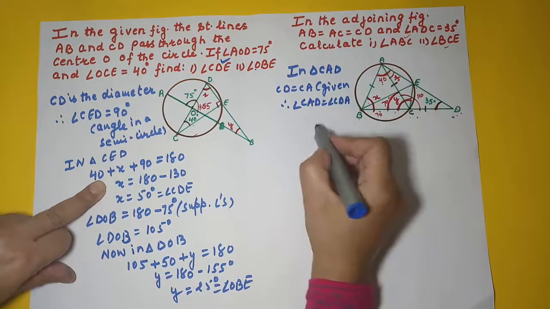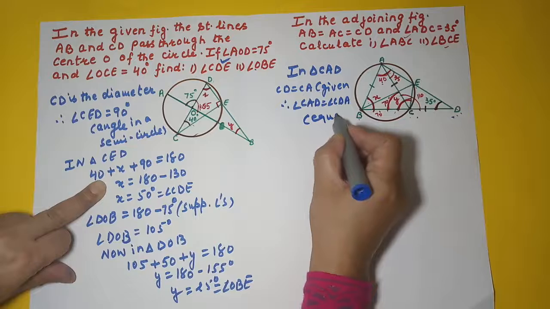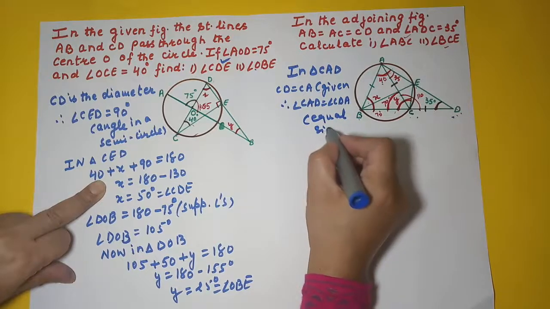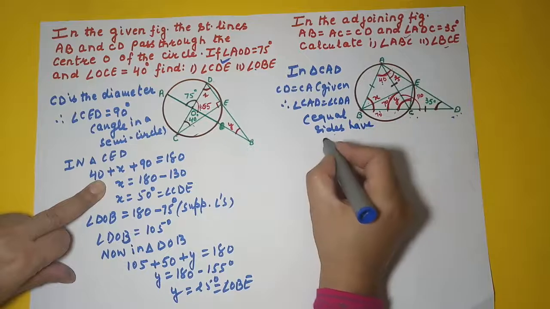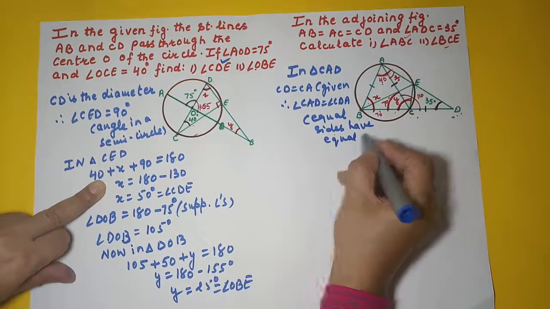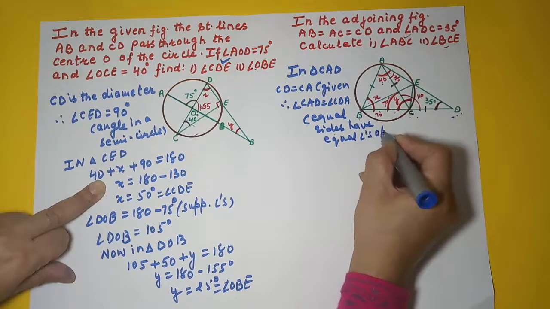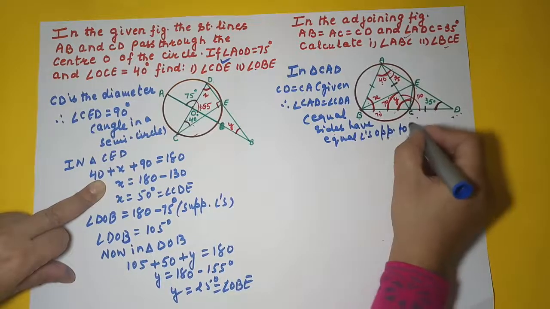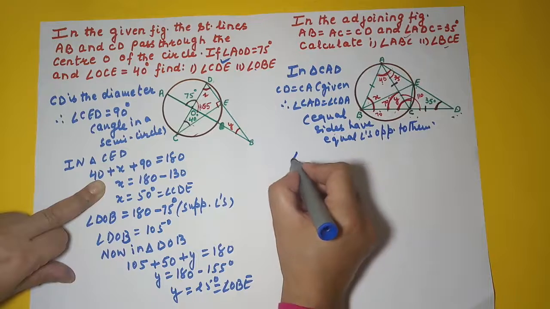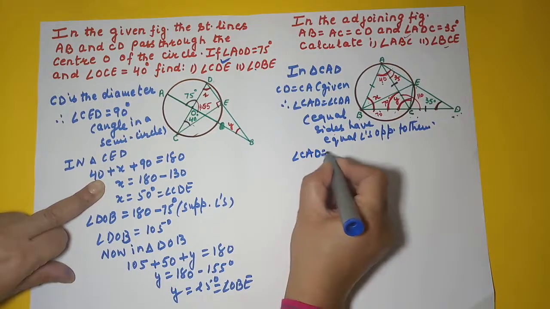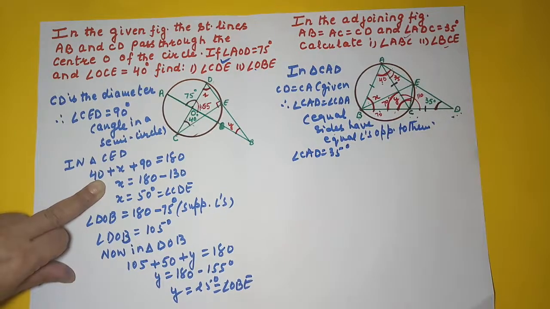Reason: equal sides have equal angles opposite to them. Does that mean your angle CAD is also 35, right?